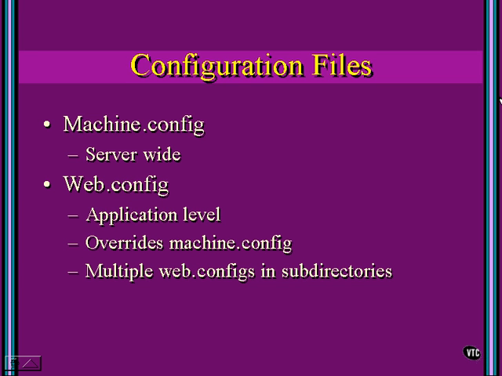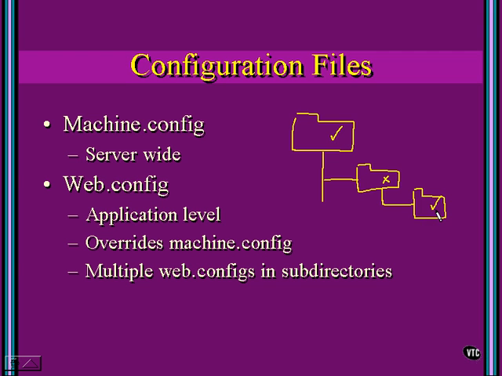Now, we can have multiple web.configs in subdirectories within our website. So if you think about this, let's say at the server level up here, we do a configuration in our XML file and we turn something on. Then underneath that, down at a virtual directory for a web page, we turn that off. Then this will override this. But then, let's say farther down the line in that subdirectory, we turn it back on.